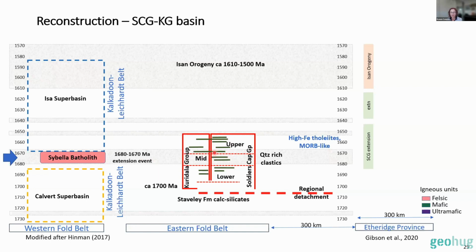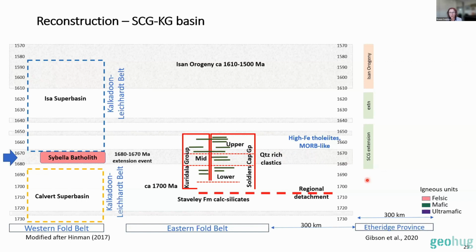So we've got emplacement of a significant volume of high iron tholeiites, and these have a MORB-like composition. They're quite distinct. And the detailed mapping, I've forgotten his name, south of Cloncurry shows that these sills were emplaced syn-sedimentary, so they've got those peperite textures.